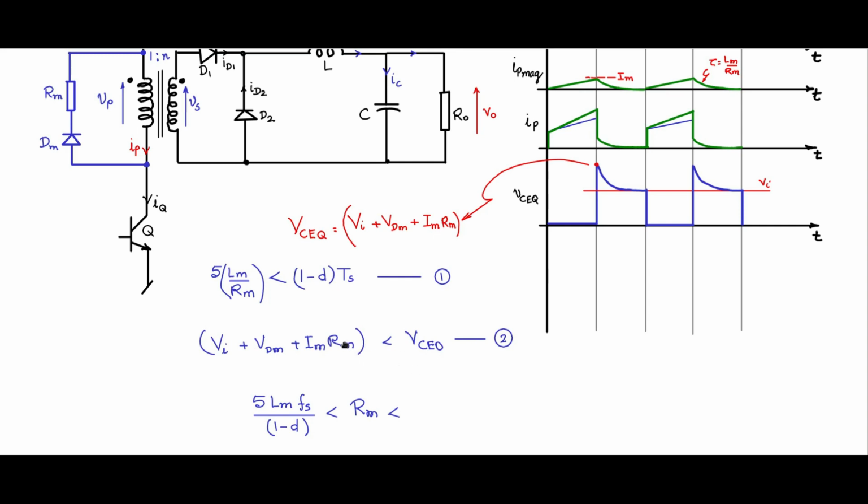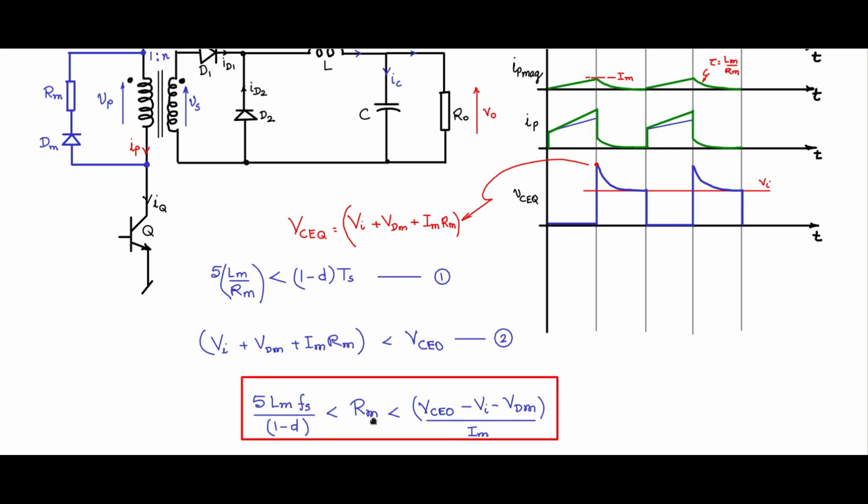So Rm should be less than that. This is the value of Rm which will be the upper limit. This is the value of Rm which will be the lower limit. Rm should be a value in between in this range. So this is the design equation for Rm selection.